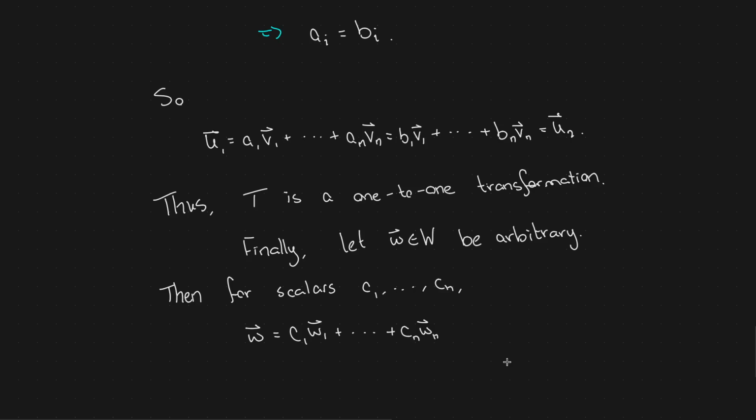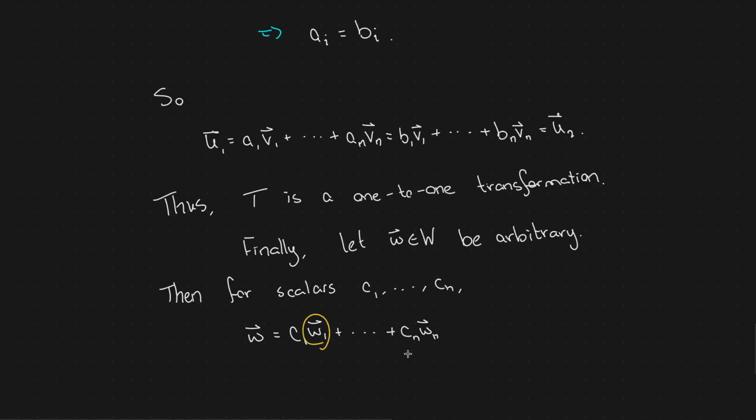Okay, just using the fact that w1 to wn is a basis. And so therefore the w1 to wn span all of vector space W, and therefore there's a linear combination of those vectors that gives me vector w. Okay, with coefficients in this case, let's call them c1 to cn.